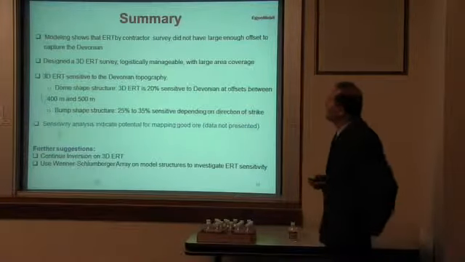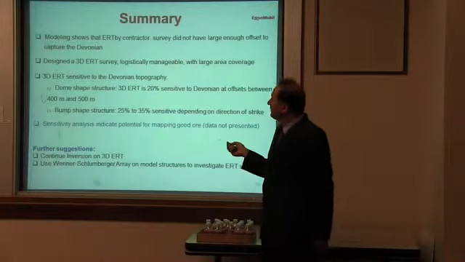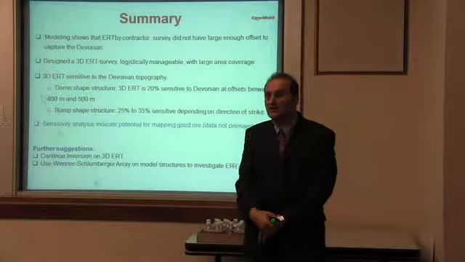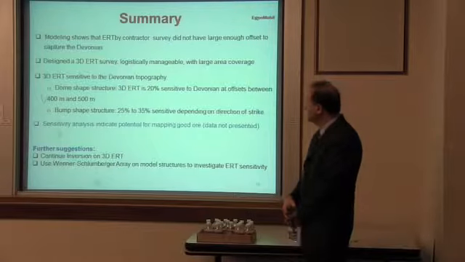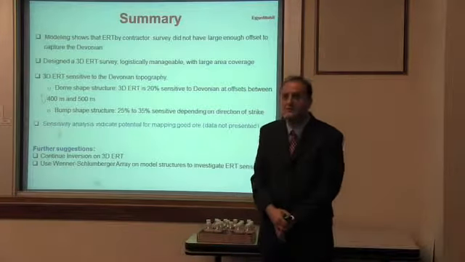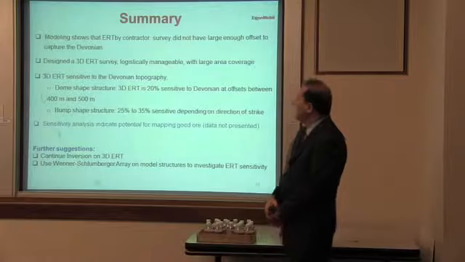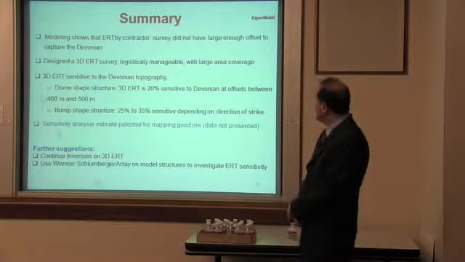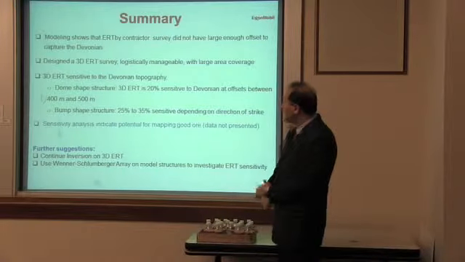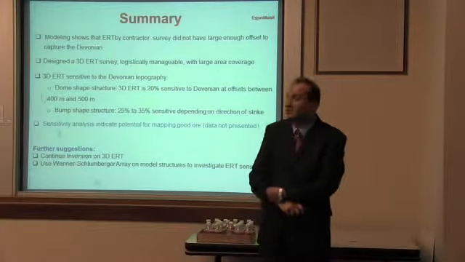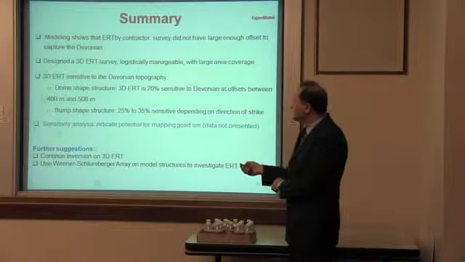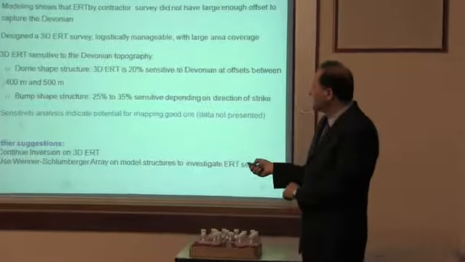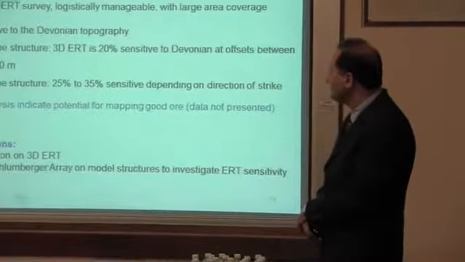Just to summarize, we performed some assessment on the ERT performed by the contractor, and we noticed that they have not used large enough offsets in order to capture the Devonian. I designed the 3D ERT, which I showed was logistically manageable and easy for the company to perform. Based on my analysis, it was also sensitive to the Devonian topography.